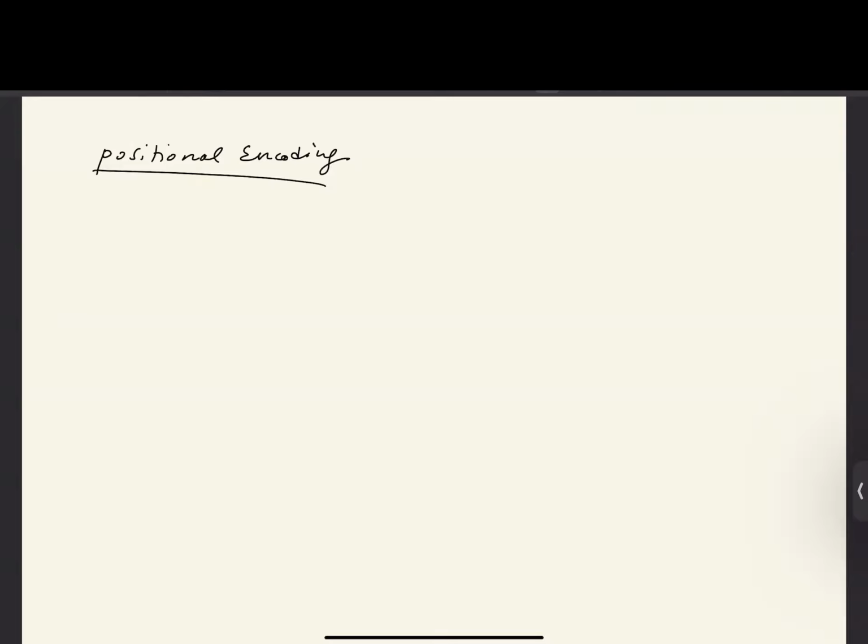Let's discuss the positional encoding in transformers. First, we list a bunch of properties that we would like a positional encoding scheme to satisfy. We want each position to have a distinct representation, so a uniqueness property. Ideally, we want the encoding to be reproducible and not random, so determinism.